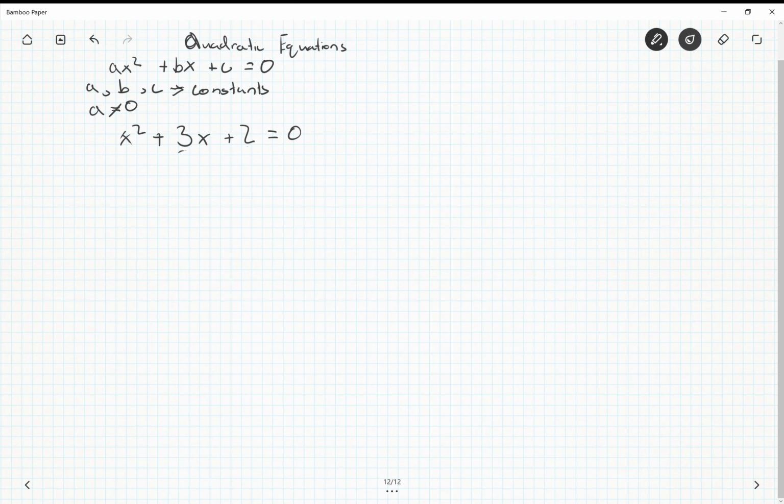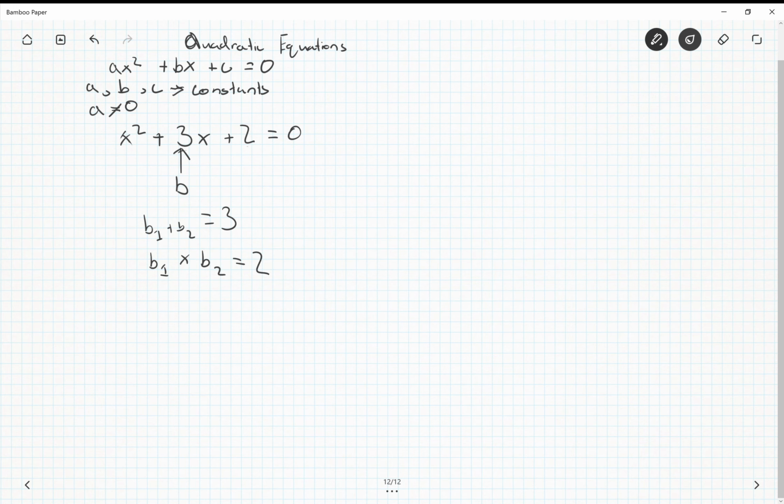Essentially, we have to break down this b into two terms such that when added they equal 3. So b1 plus b2 equals 3, but when multiplied, b1 times b2 equals 2.